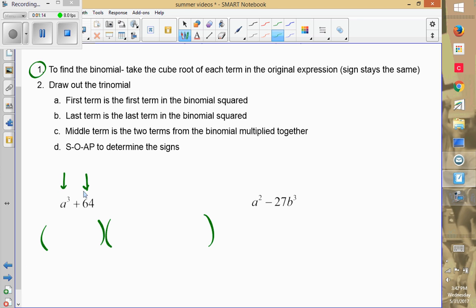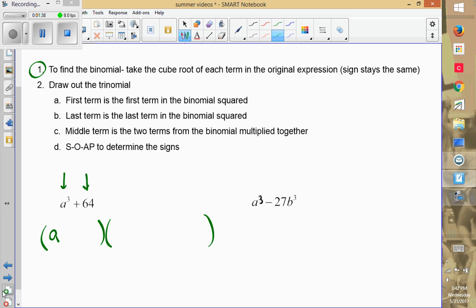So in order to be able to factor a sum or difference of cubes, you need to have two things that are cubes of something, whether it be a number or a variable or a number and a variable together as one term. So in this case, a cubed, well, a is what is cubed in that sense.